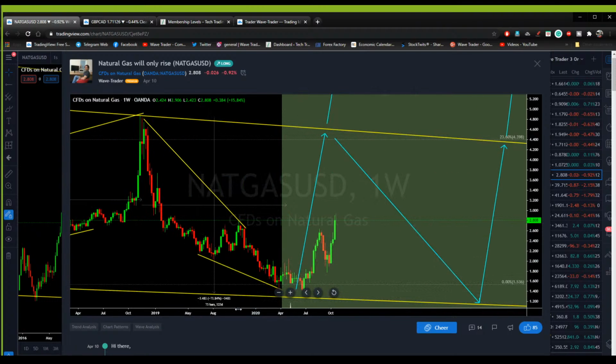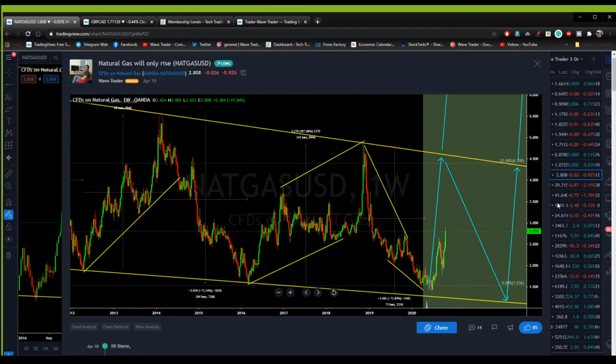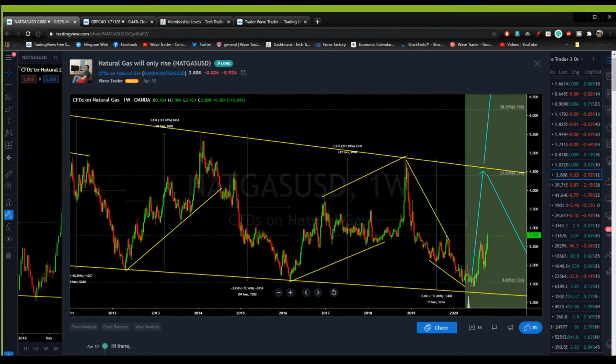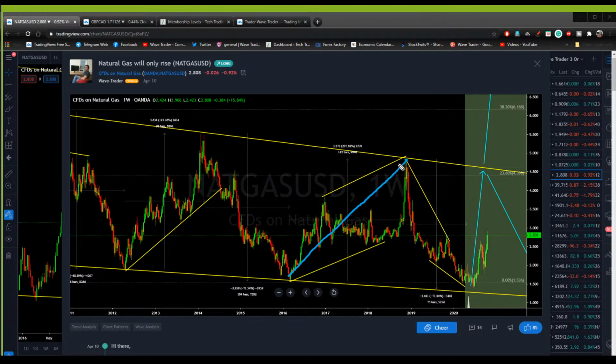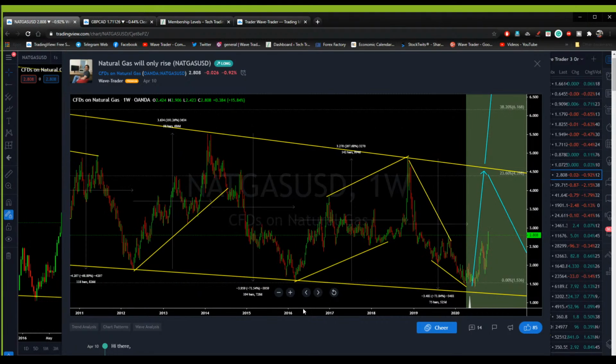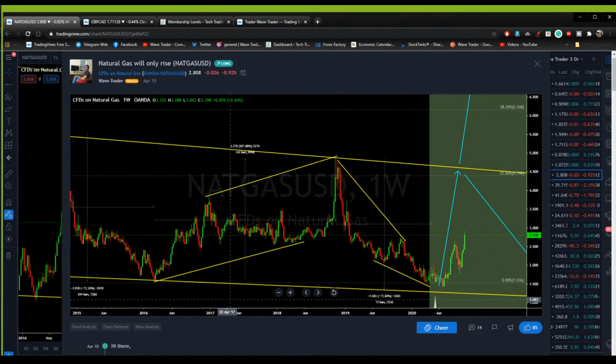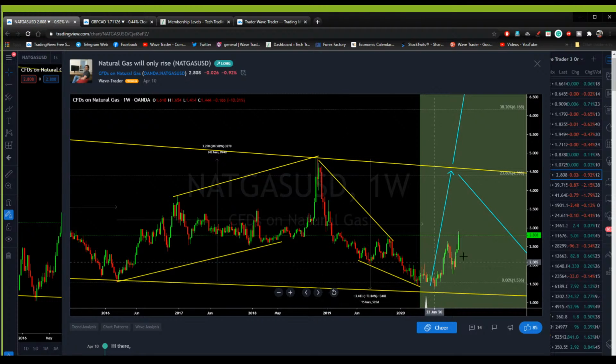In 2016, when we had the oil shock or Brexit shock, we saw that strength again. So we are in a recovery phase on natural gas. It can behave in a similar way to what it did in 2016 and 2008, and can keep rising very aggressively.